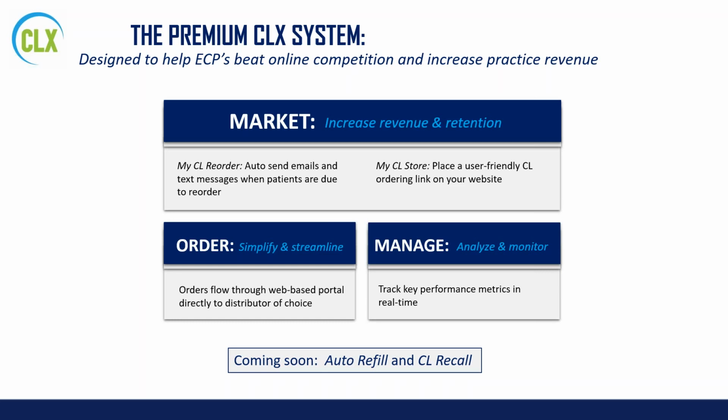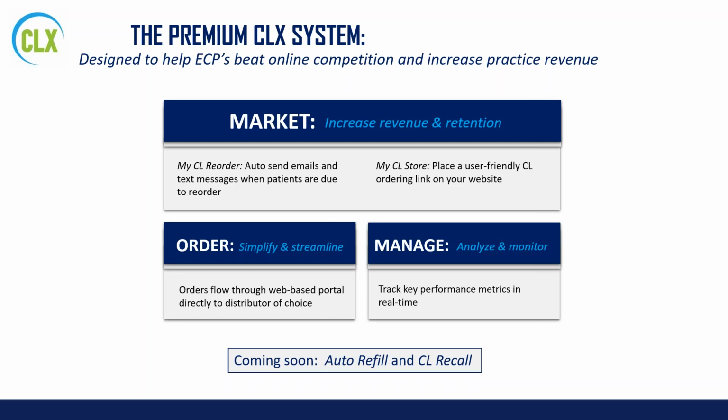Here's some insight into the future. Some of you might have thought, well, I wonder if they have this. If anybody's familiar with a Walgreens or a CVS, where they're offering an auto refill, maybe for your blood pressure medicine, where it can be auto shipped to you when you're about to run out, that's what the team is working on right now.